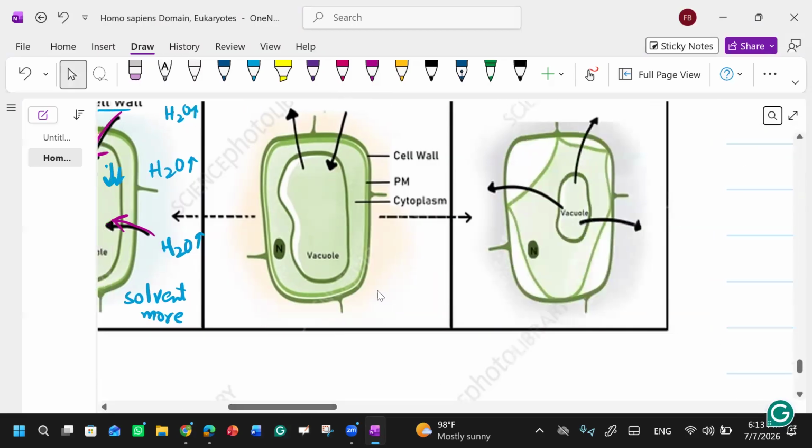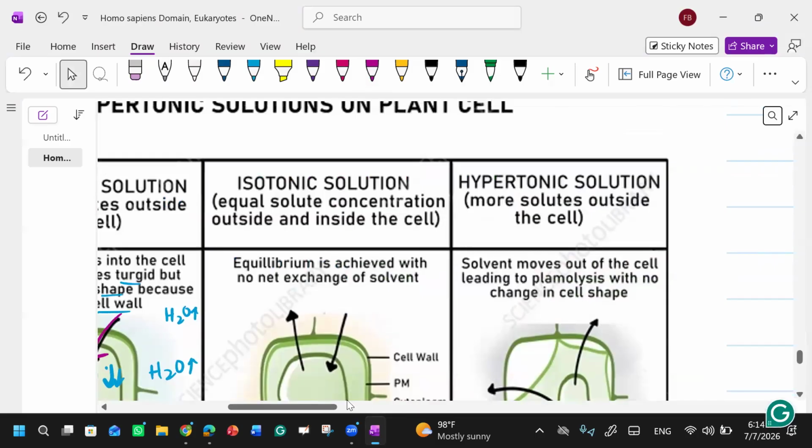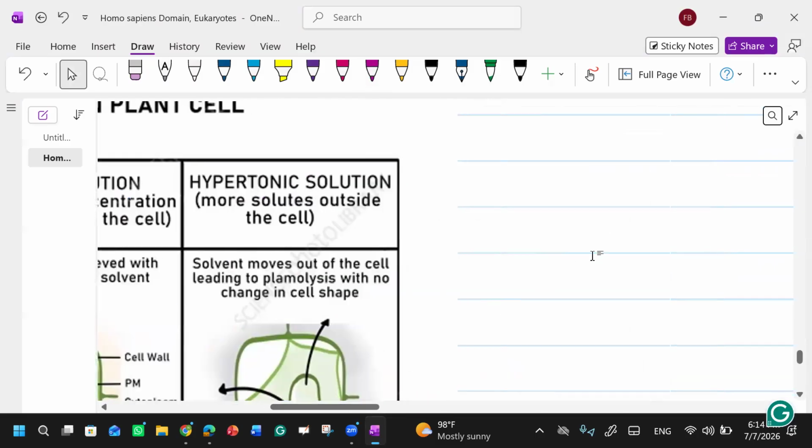Then we have this thing, hypertonic solution. Okay. Hypertonic solution means, now can you tell me, hypertonic? Hyper means more. Let me write it below.